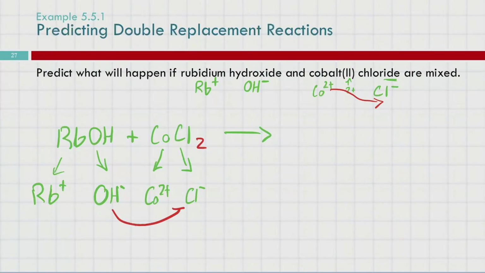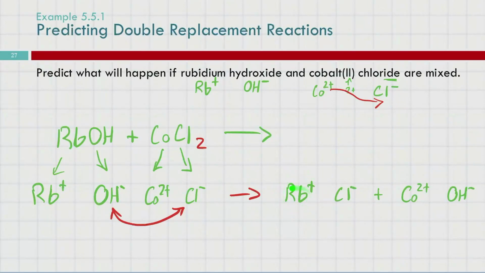And then we want to swap our anions, our negatively charged ions. And I'm going to rewrite those on the right side here. So Rb plus is now paired with Cl minus. And our other pairing is Co2 plus and OH minus, hydroxide.